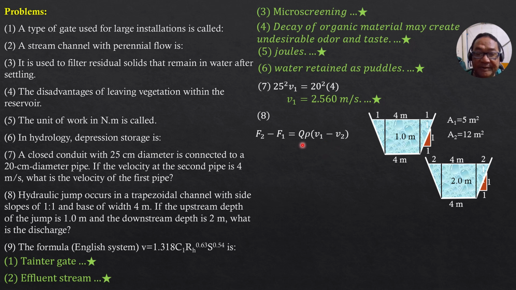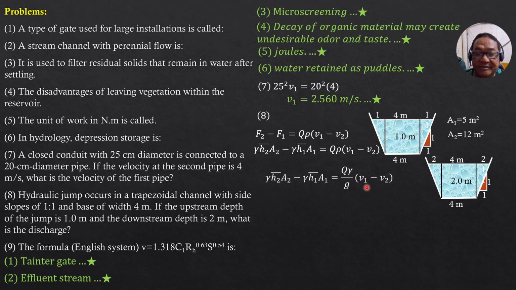So this formula becomes gamma h-bar 2 area 2 minus gamma of water h-bar 1 area 1 equals Q rho times V1 minus V2. Density, by the way, is gamma over g.